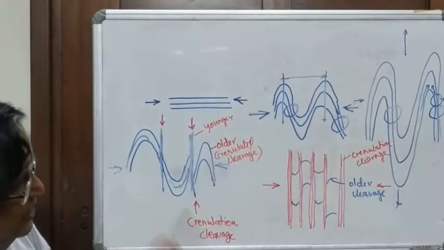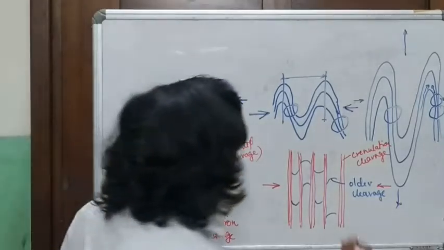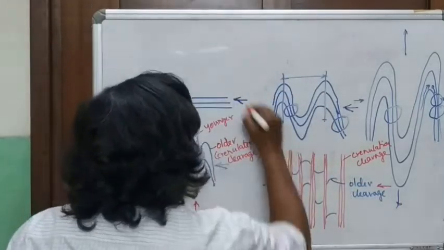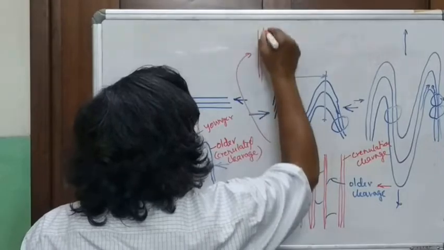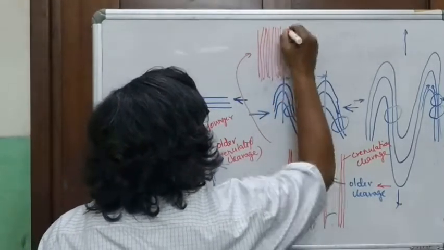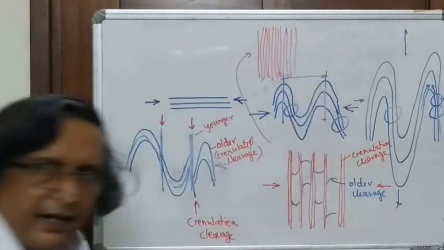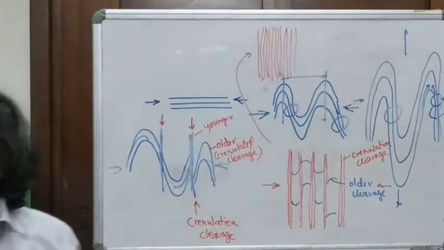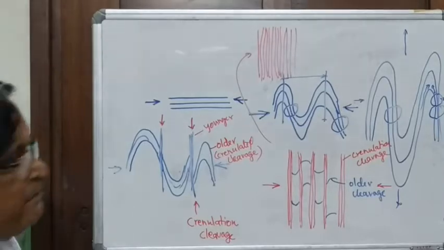You can imagine what will happen at the end stage of this: you will have a foliation like this, and the earlier foliation almost gone.